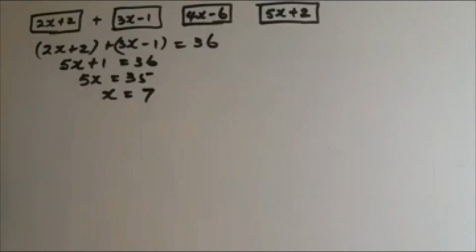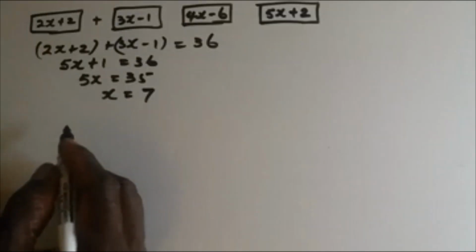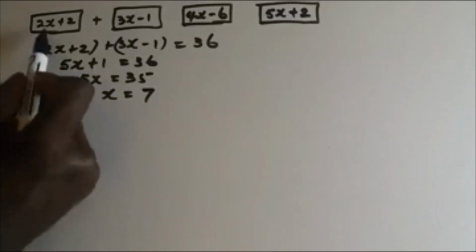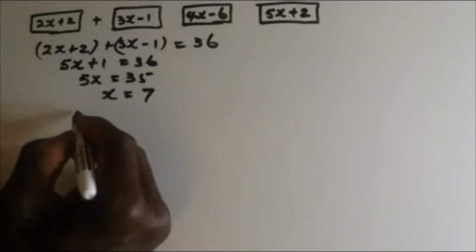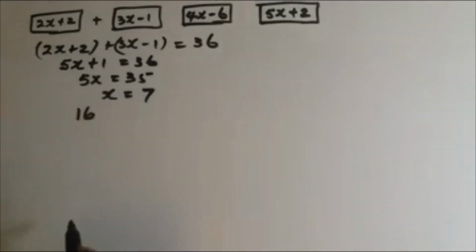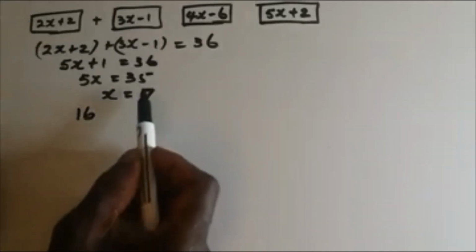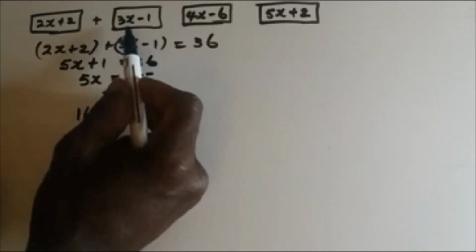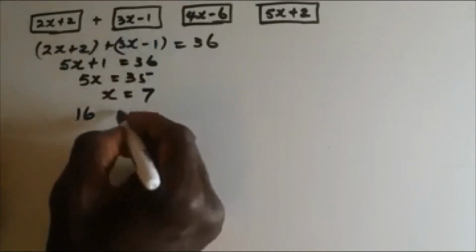And it'll make it a lot easier for us to work out the value of the median. So the first number, 2x add 2 will be 7 2's 14, add 2, which is 16. Then next here is 7 3's are 21 minus 1 gives us 20.